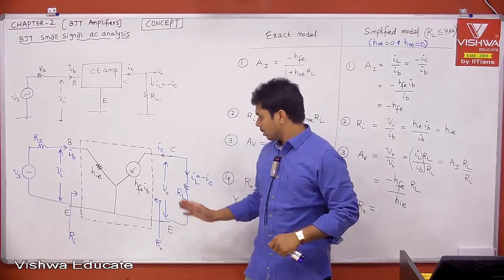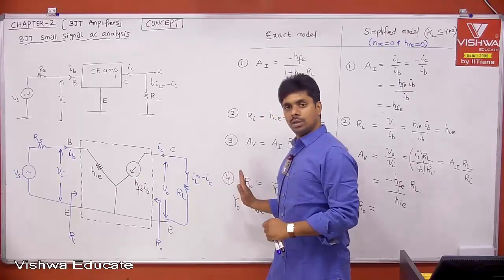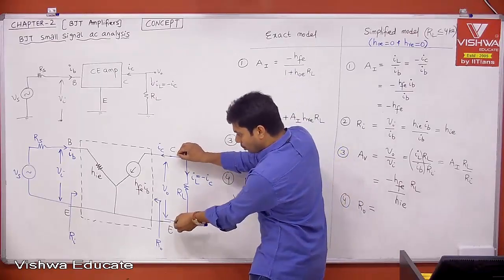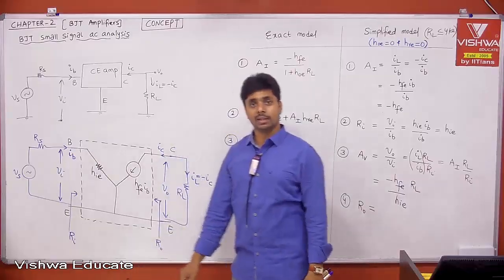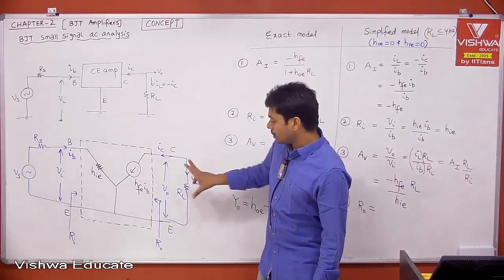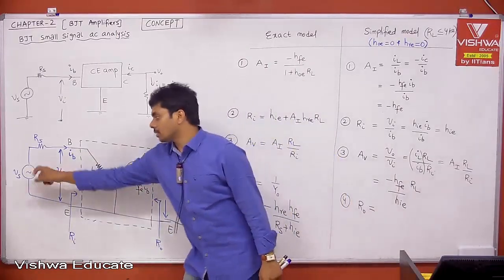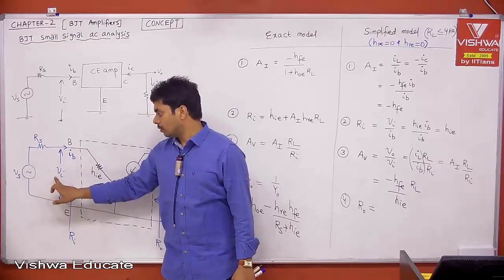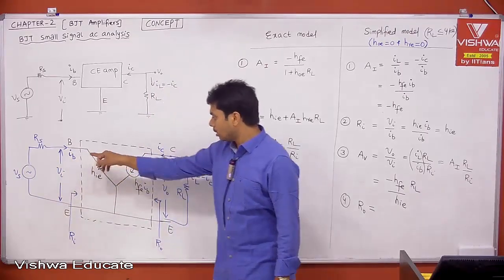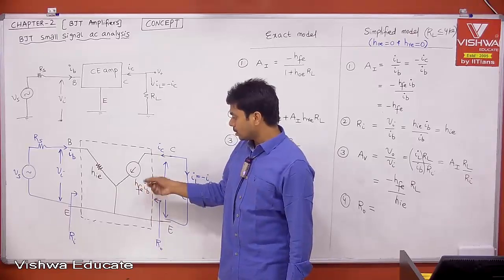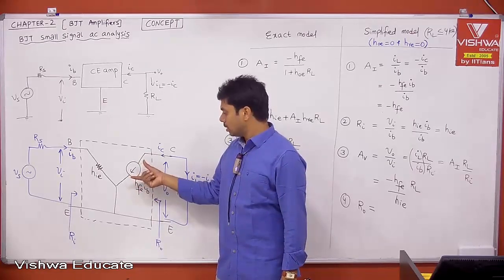What is the definition of R0? Exclude the load, and it is the impedance seen from the output port when Vs is equal to 0. Tell me, when Vs is 0, Vi is 0. When Vi is 0, IB is 0. When IB is 0, HFE into IB is 0, so it is an open circuit.